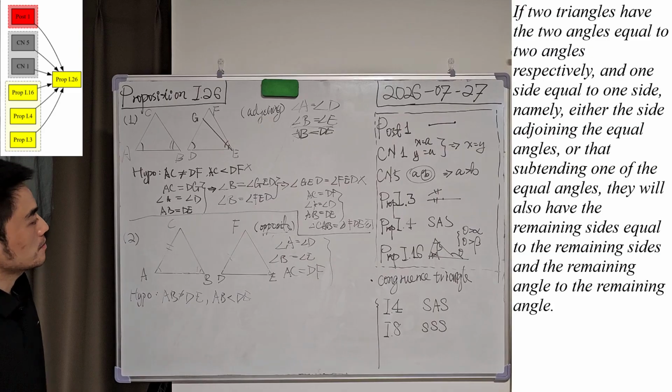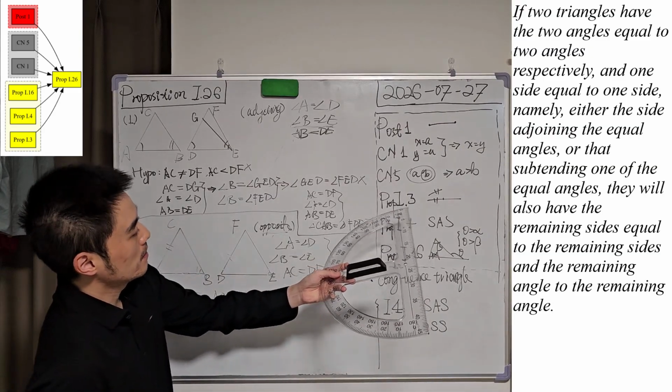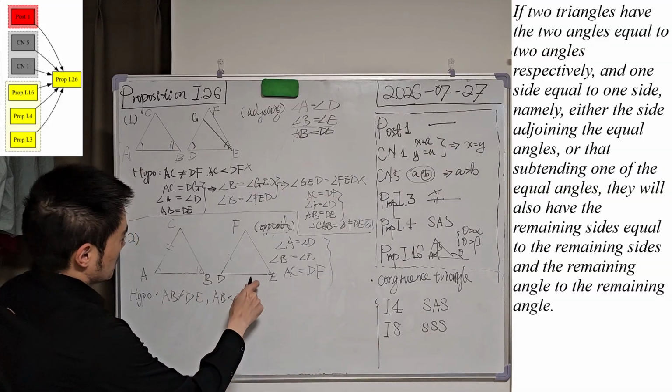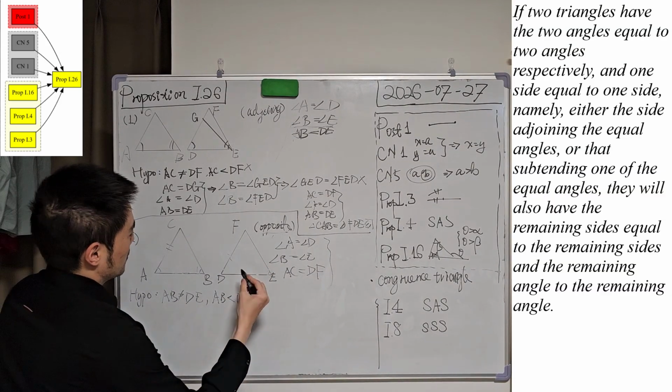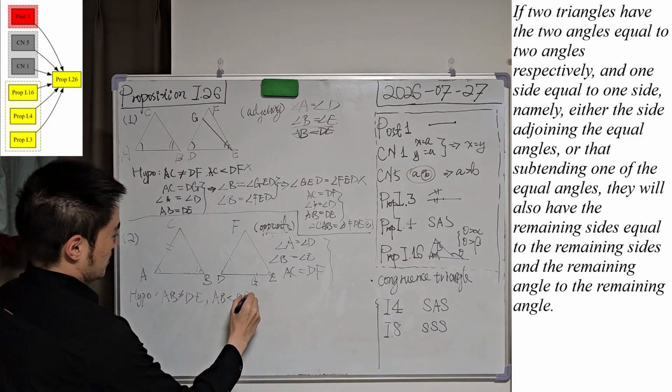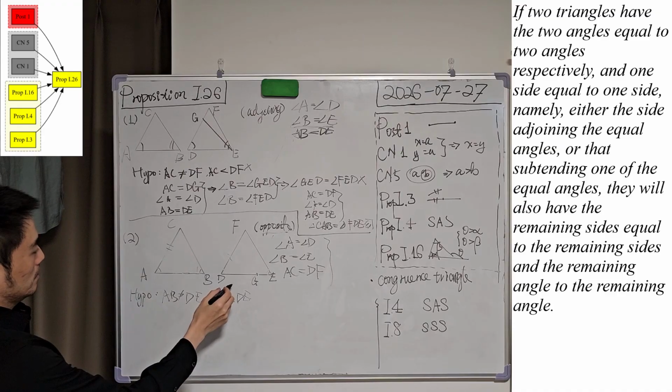Similarly, we can apply proposition 3 and cut off DG, where DG is equal to AB.